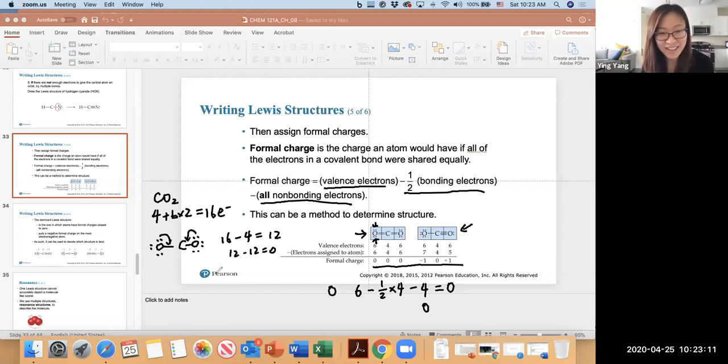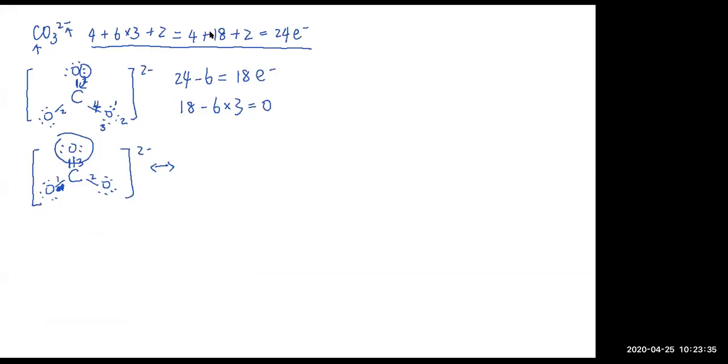So that is how to determine when you need to draw a double bond. Another important one is the one with boron, so let me go back to the whiteboard.